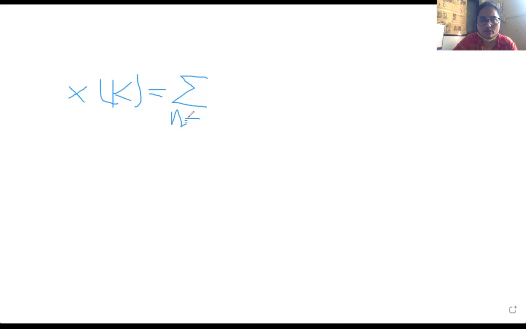So here, 0 to N minus 1. So this is the formula to find the discrete Fourier transform.